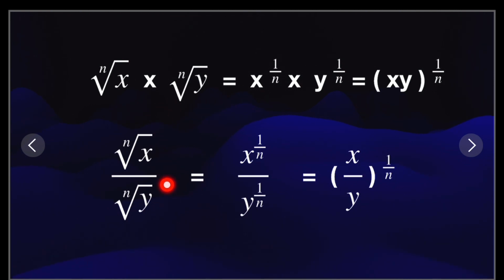The same thing goes here. If the order is same, you can divide. So you can write this: the nth root of x divided by the nth root of y is x divided by y raised to 1 upon n, or the nth root of x upon y. So this is also very important. You should be careful with this.